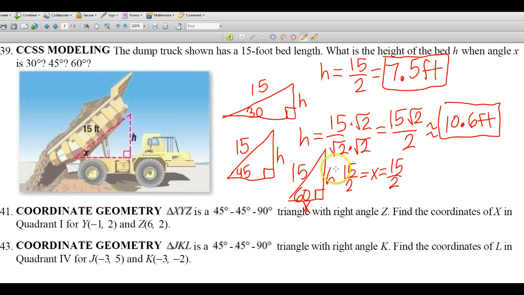And then to find the long leg, we take the short leg times the square root of 3. And we can just write that as 15 square root of 3 over 2. And if we want a decimal approximation for that, we would just type in 15 square root of 3 divided by 2, which is approximately 13 feet.